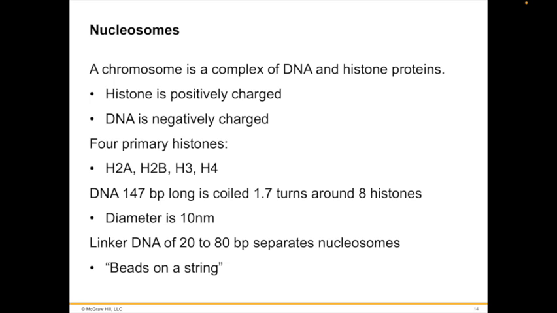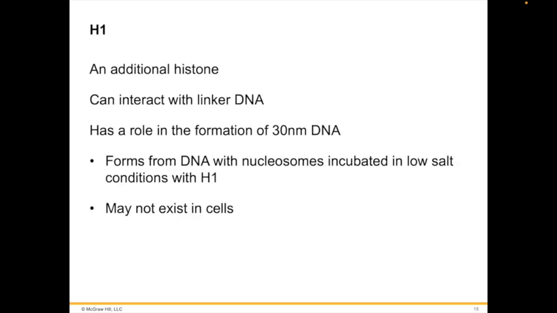An additional histone, H1, can interact with the linker DNA, and the core particle histones also have protruding tails that are subject to post-translational modifications, which facilitate interactions between nucleosomes. If isolated DNA wrapped in nucleosomes is incubated under low salt conditions with histone H1, it will form an even more compact structure with a diameter of 30 nanometers.